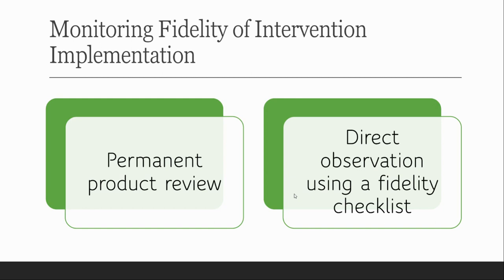So several things that a team could do to monitor the fidelity of this implementation is look at a permanent product review, which we'll discuss here in a second, or they can use direct observation using a fidelity checklist.